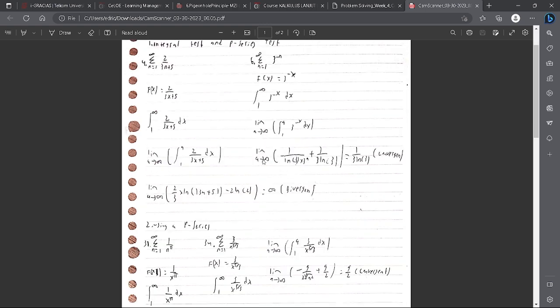The limit as a goes to infinity of 1 over ln 3 times 3 to the power minus a plus 1 over 3 ln 3, and then the result is 1 over 3 ln 3, and the result is convergent.